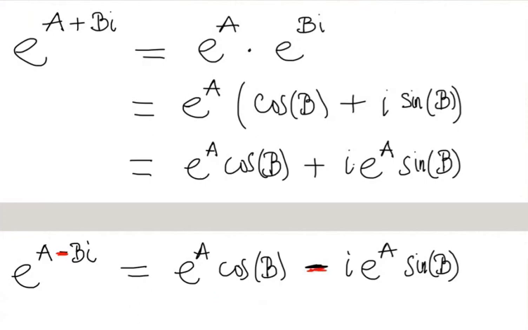So you see, whenever we have minus in front of the term with i here, then we have the minus in front of the term with i there.